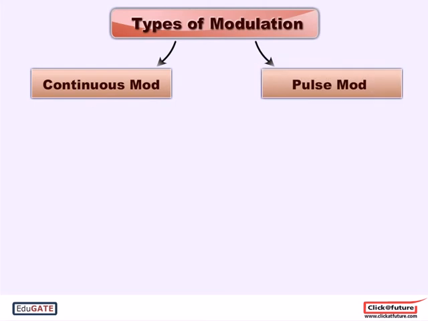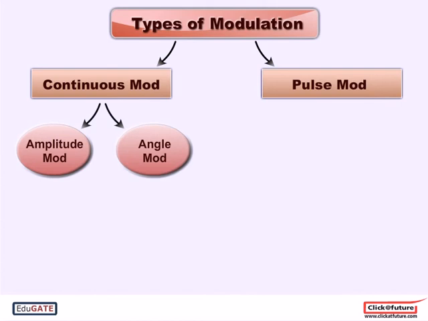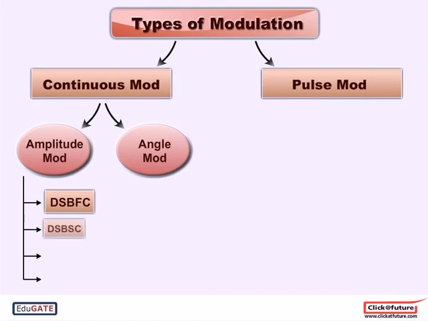The pulse time modulation is again divided into two types, that is, pulse width modulation PWM and pulse position modulation PPM. Digital pulse modulation is again divided into four types, that is, pulse code modulation PCM, differential pulse code modulation DPCM, delta modulation and adaptive delta modulation ADM. All these types we will discuss in detail in further animation.